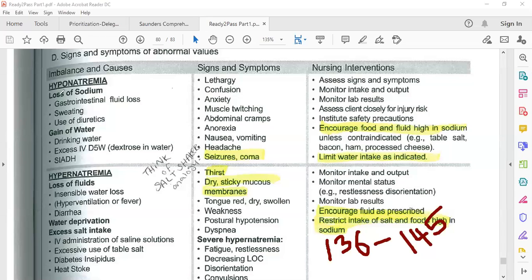So now, hyponatremia. What are the causes of hyponatremia? We should know because of our profession. The major causes are GI, or gastrointestinal, fluid loss, like vomiting and diarrhea.